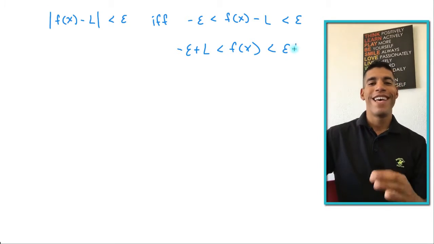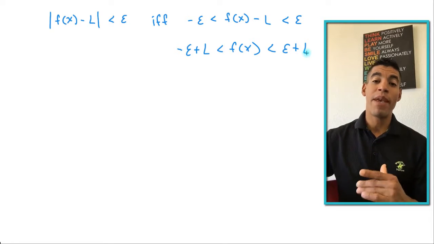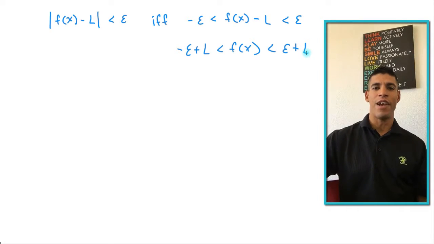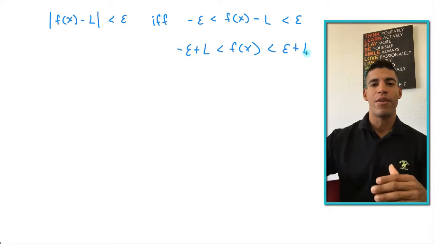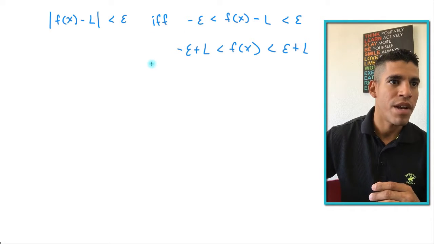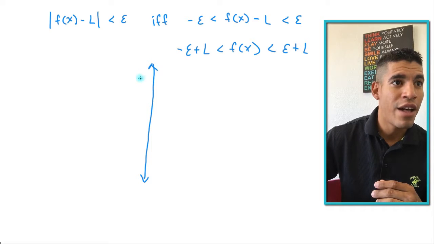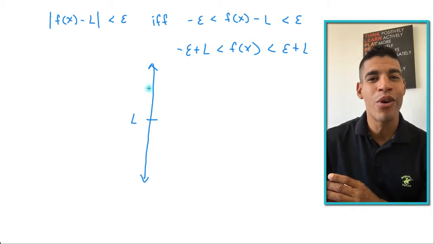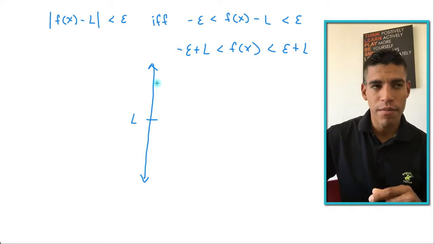Okay? Now my graphical representation of this is still going to be a line, but because L is in the range, we said that earlier, I'm going to use a vertical line instead of a horizontal line, and then I'm going to connect the two. So for the graphical representation, I'm going to use a vertical line. Again, L is in the middle, just like before. So L is playing the role of c for the domain, but here is the range.